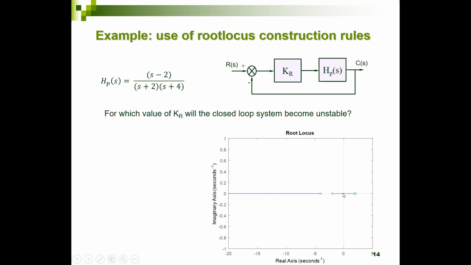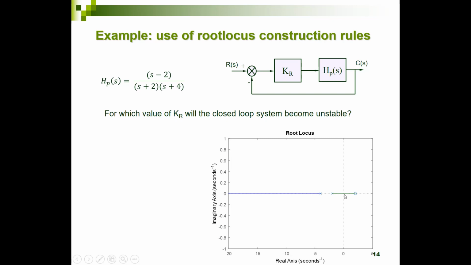From this point on, this pole moves into the right half plane, and if at least one of the poles is in the right half plane, then the complete system will be unstable. So this point, which is the origin, is the point at which my system becomes unstable.